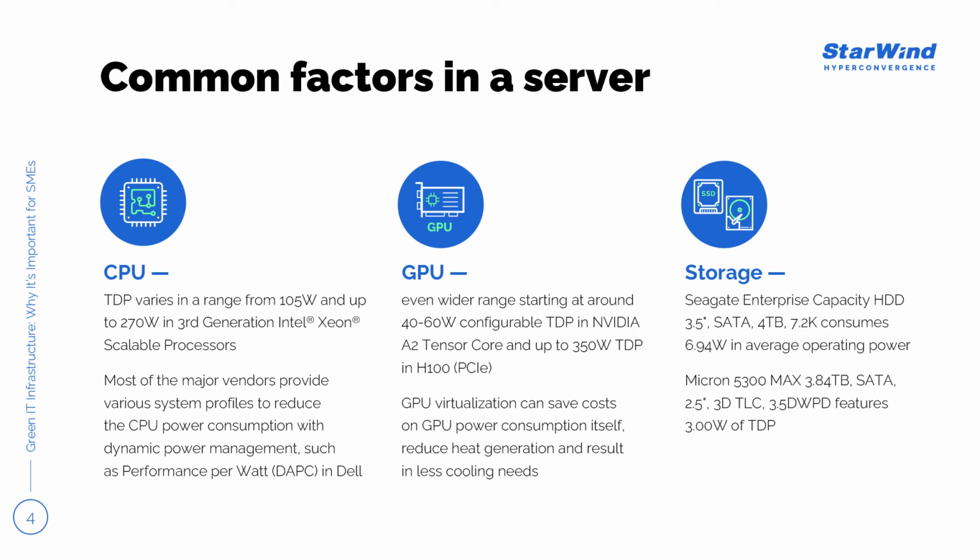On the other hand, we have the Micron 5300 Max, a mixed-use 3.84 TB SATA 2.5 inch SSD, which consumes 3 watts of TDP. So the HDD consumes more than 2 times the power of the SSD.